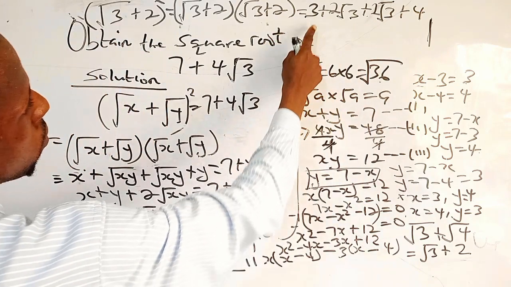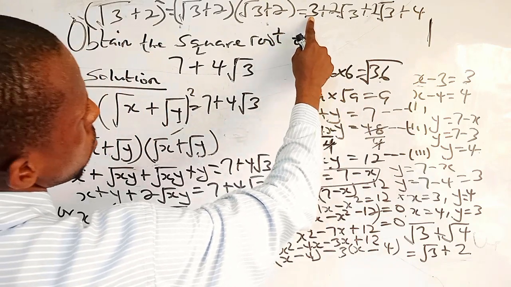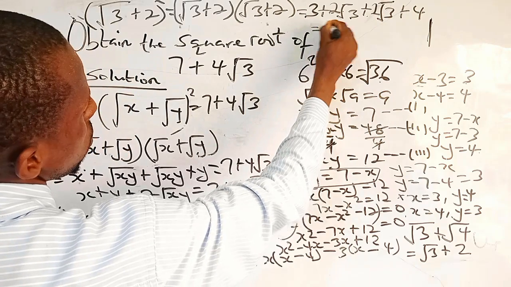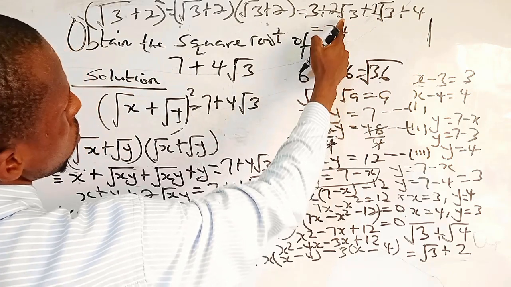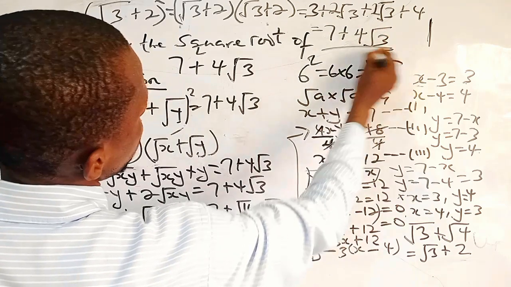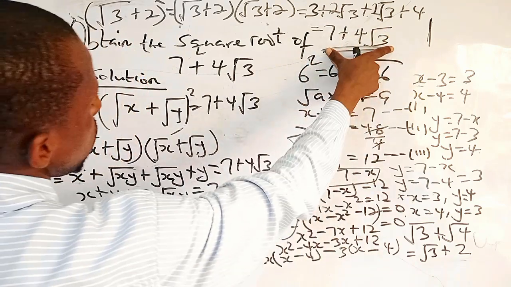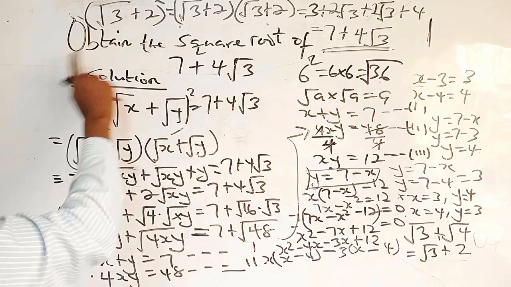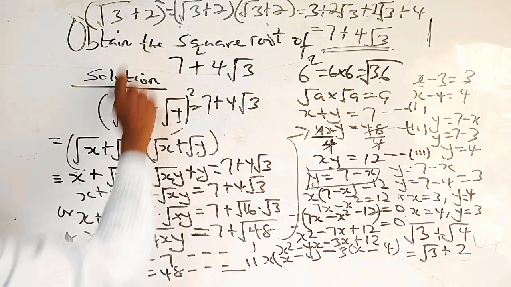So 3 plus 4 is 7, plus 2 root 3 plus 2 root 3 is 4 root 3. So the square root of this is root 3 plus 2. Thank you very much.